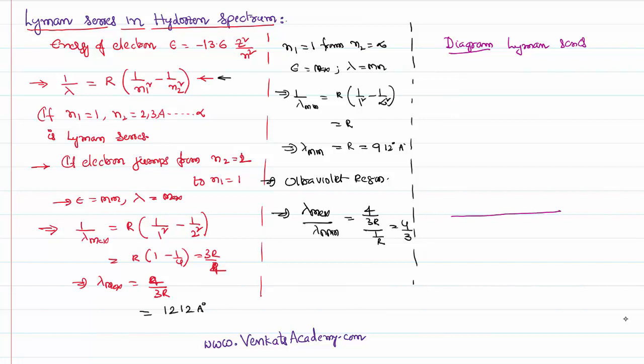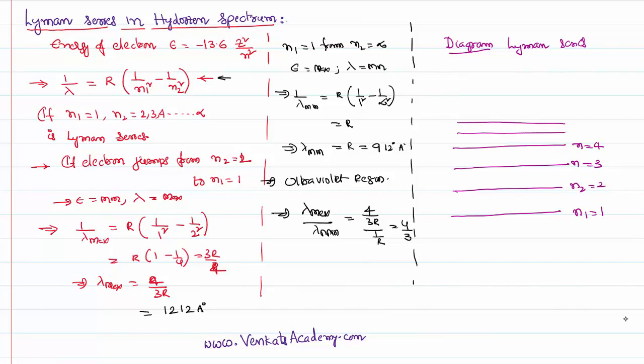Electrons are always jumping into the first orbit, n1 equal to 1, from the higher orbits, n2 equal to either 2, 3, 4, or even from the highest orbit, infinity.